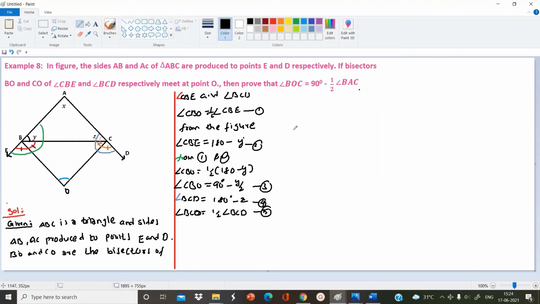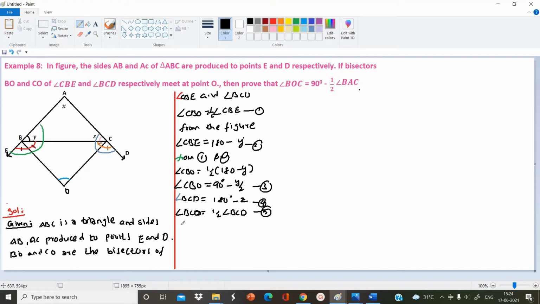And you can observe here, angle BCD: the total angle is 180 degrees, a straight line angle, and if we subtract Z from that we can get angle BCD. And here angle BCO is the bisector of angle BCD, so that's why angle BCO equals half into angle BCD.